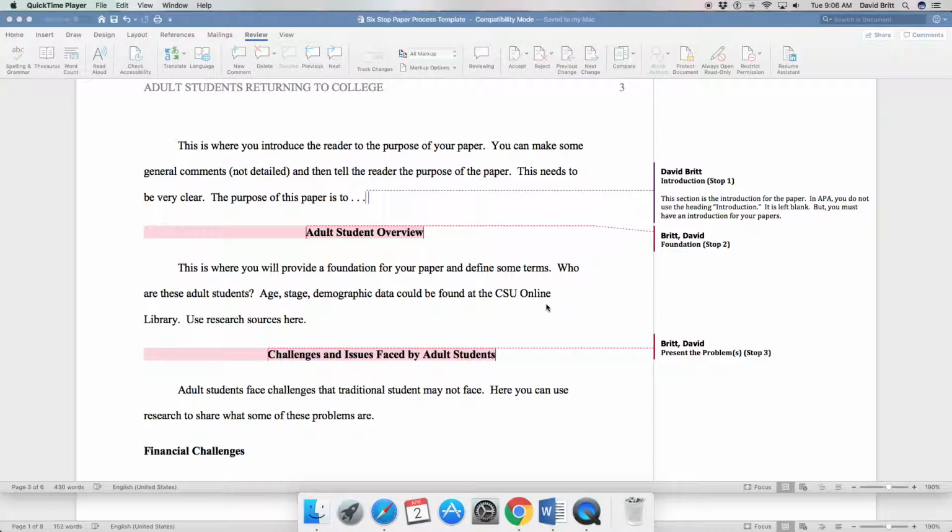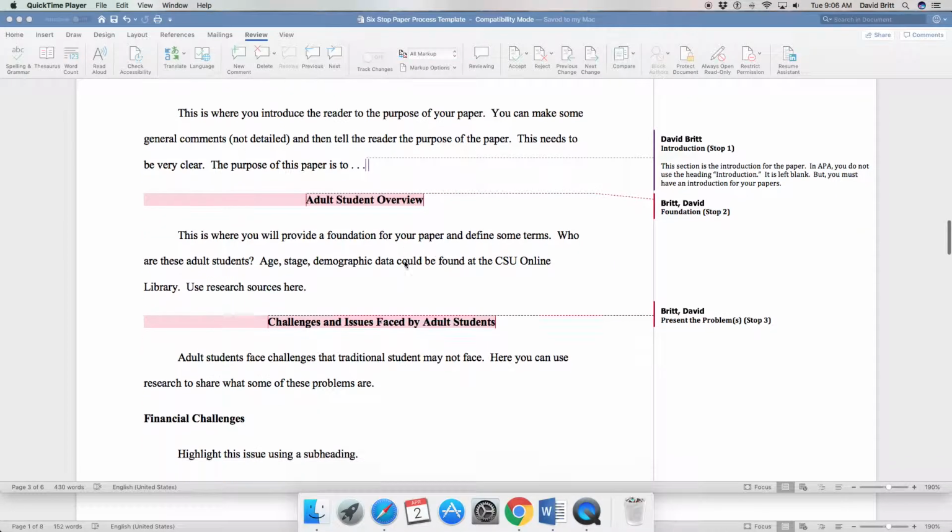I tell you, you can find this at the CSU Online Library. And this is where you use your research sources to begin to establish for the reader that these adult students are different than traditional students, the traditional 18 to 22-year-old. So that's the first place I would begin to set the foundation, or stop two along the way.